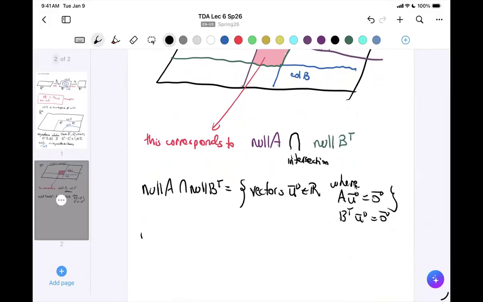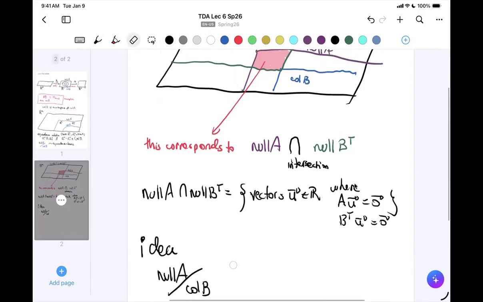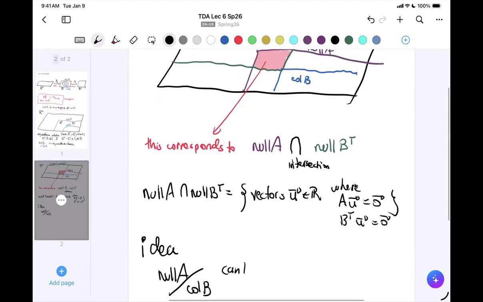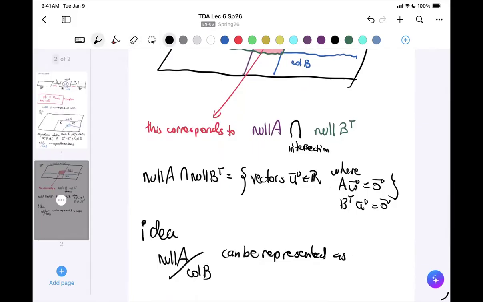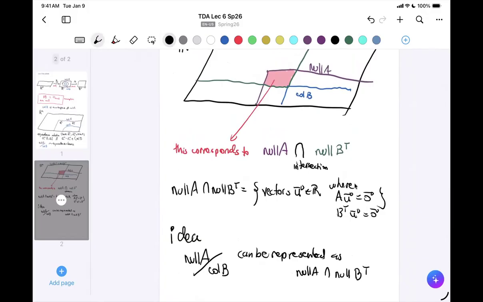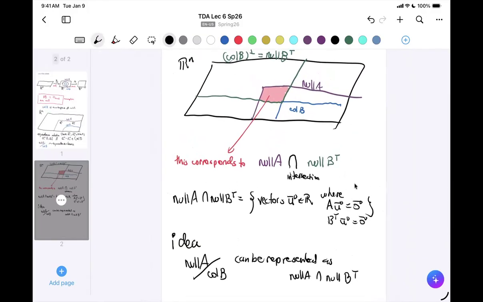So the null space of A divided by the column space of B can be represented as the intersection of those two things. Let me show you the picture.